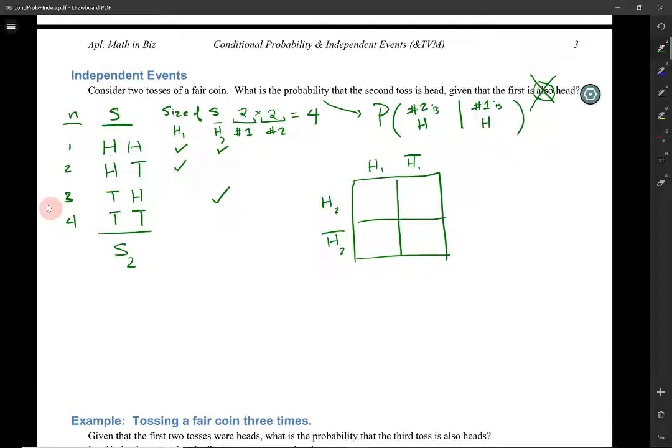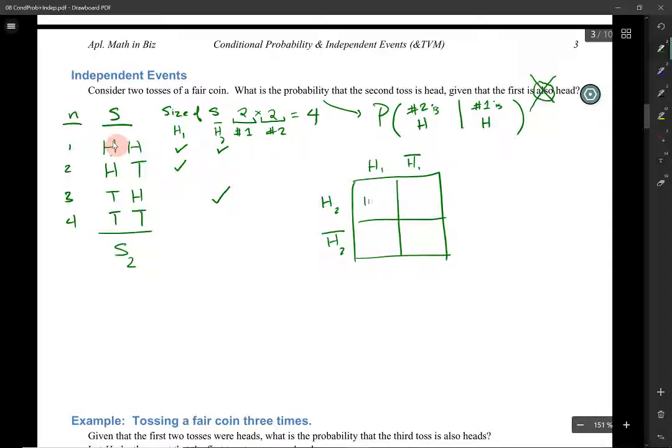So the contingency table is looking kind of empty. We should fill it in. The best place to start is the intersection, this upper left corner, which is the intersection in the Venn diagram. So where is the first one heads and the second one heads?